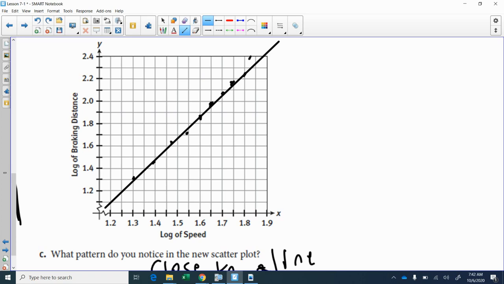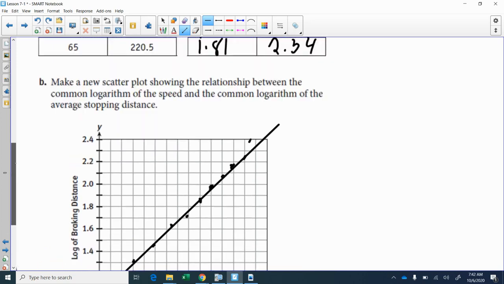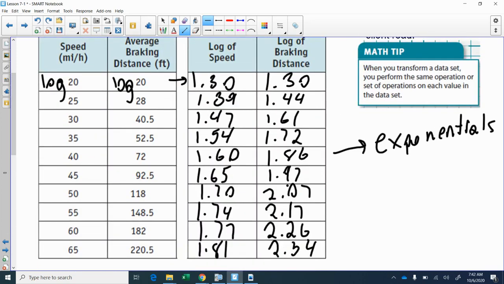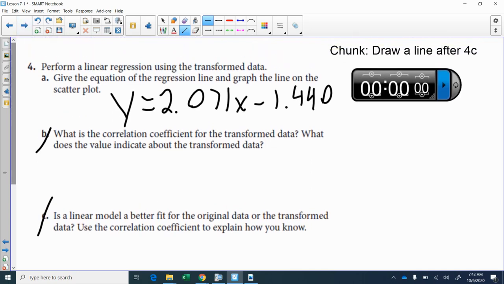I'm going to go through the same process, but instead of wasting your time, because you can always go back in the video and watch how to do a regression, what I would do is plug these values in and use a linear regression on them. If I were to do that, I would get this equation here. This is after I would use a linear regression.